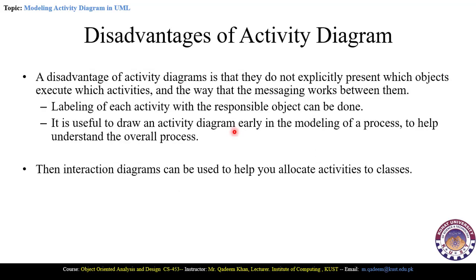Activity diagrams also have certain disadvantages. The main disadvantage of the activity diagram is that activity diagrams do not explicitly present which objects execute which activities. This means that we cannot specify which object is going to execute the activities.